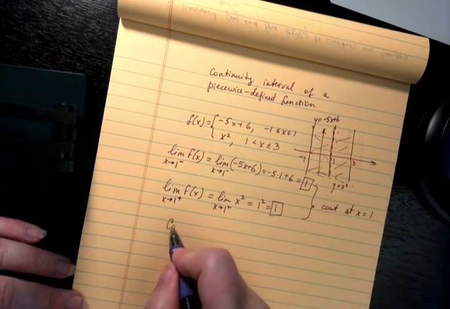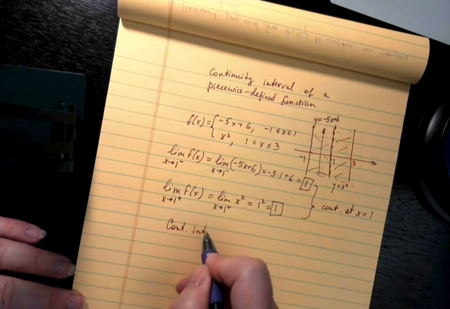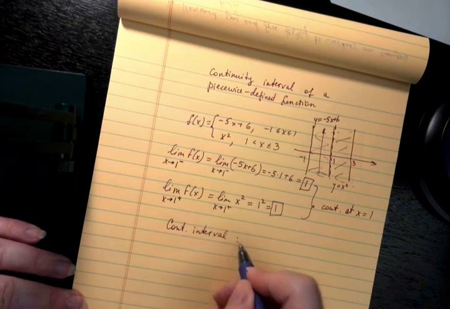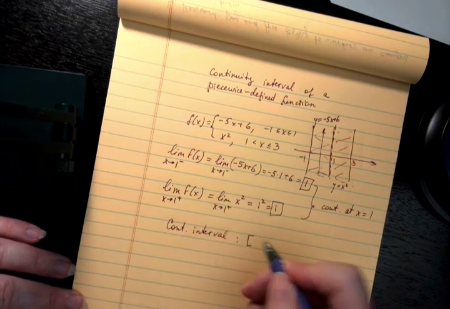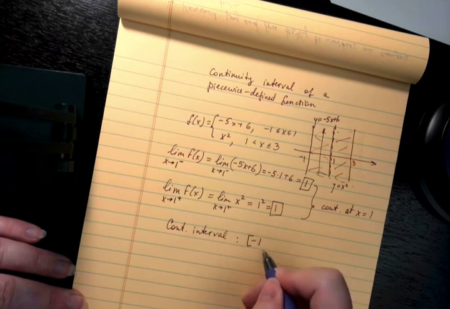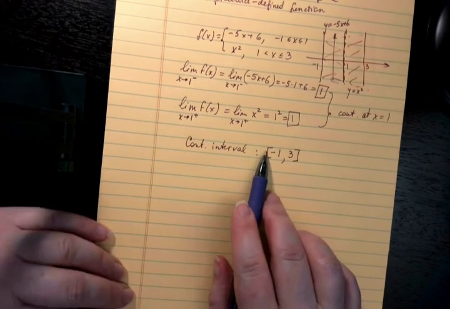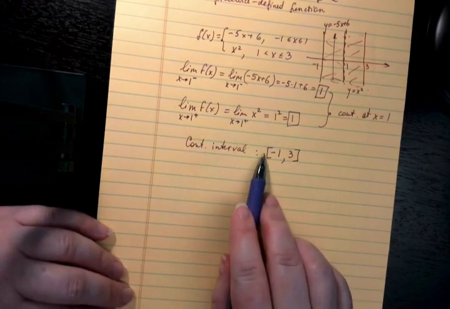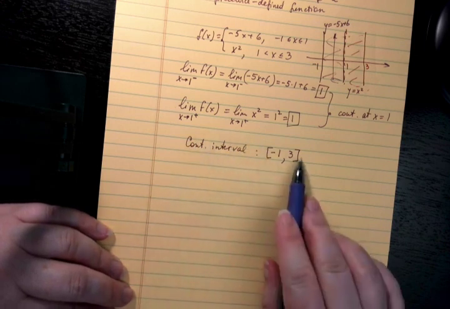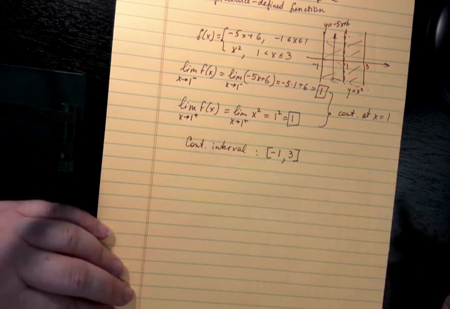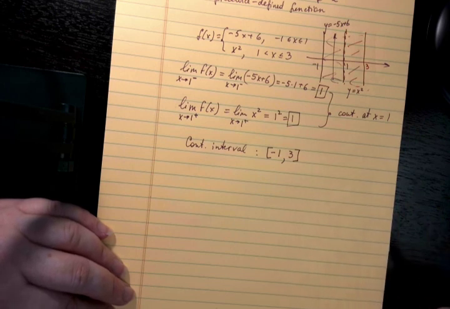So my continuity interval is going to be where the function is defined, from -1 to 3, right? The function is not even defined beyond this interval, so I don't know what happens to the left of it and to the right of it, right? But this would be, yeah, the continuity interval.